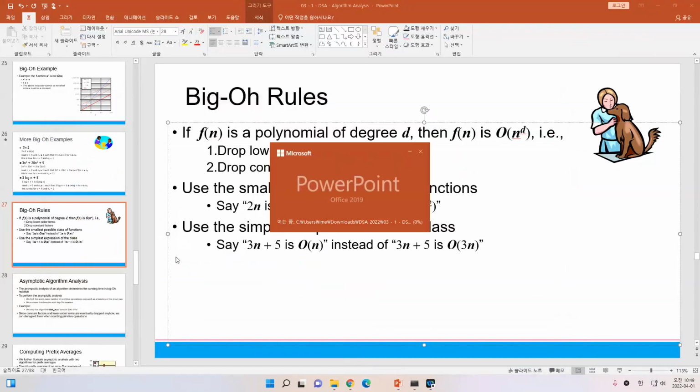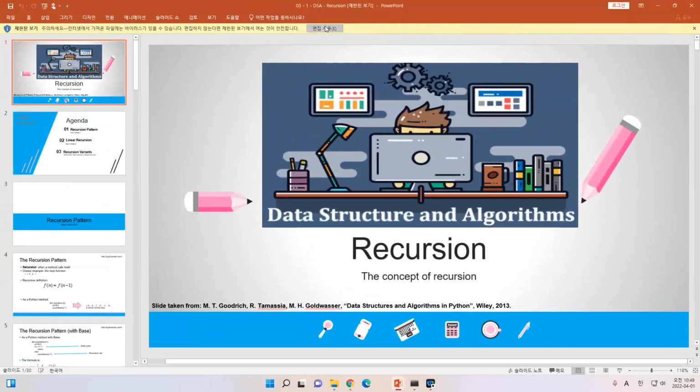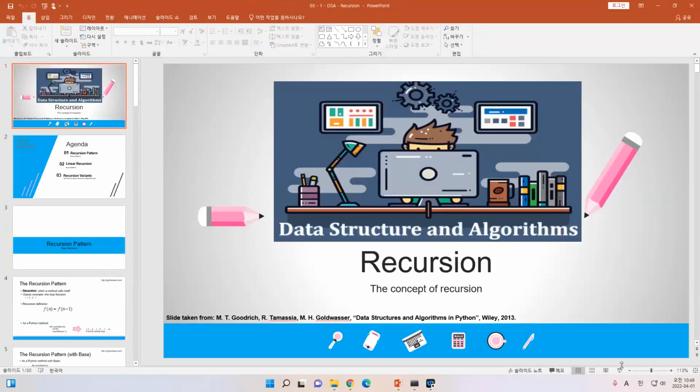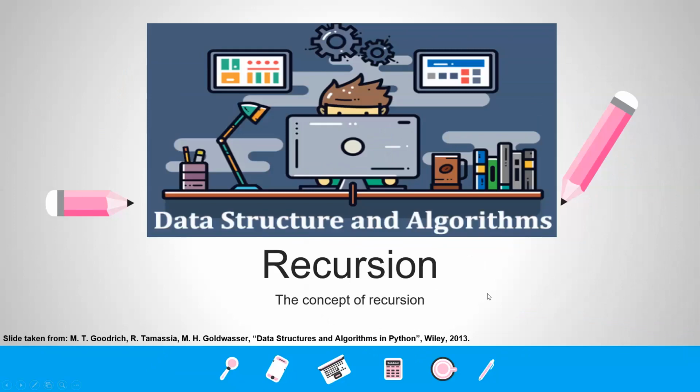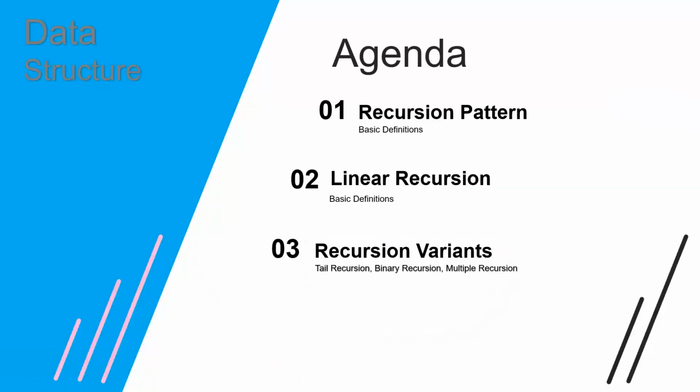So I already posted into the e-class about recursion. We are going to learn some recursion patterns, and we will also learn what is meant by linear recursion, and there are some recursion variants.